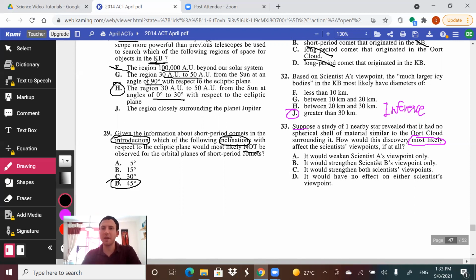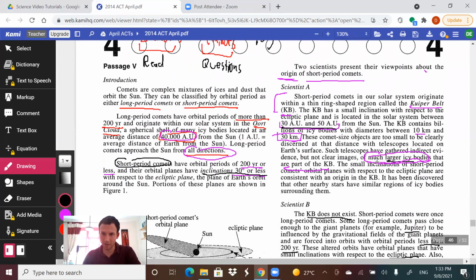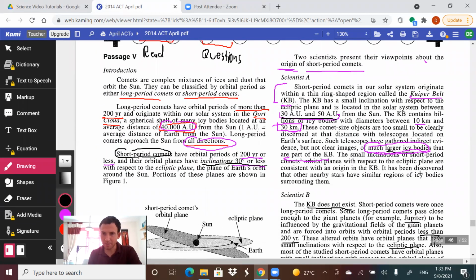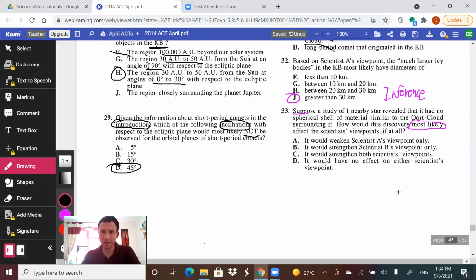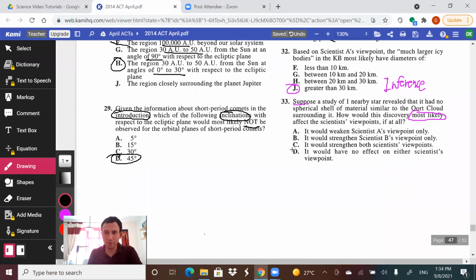And it would hurt scientist A's viewpoint, because if you think about it, scientist A says it has been discovered that other nearby stars have similar regions of icy bodies surrounding them. So it would kind of discredit what scientist A has said, which is that, hey, you can trust me because essentially everything that I'm seeing within our solar system is also true for other solar systems. And this is saying actually no. So this would weaken both of their viewpoints.